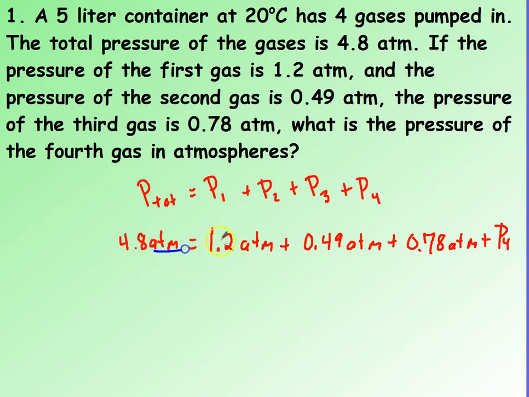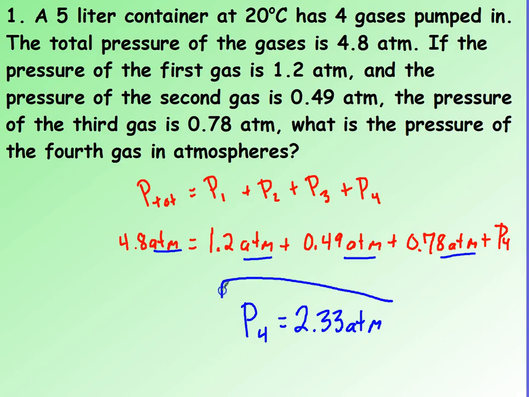Notice that they are all in atm. They have to be the exact same unit in order to use this formula. To solve for the pressure of gas 4, subtract the other three from 4.8. So 4.8 minus 1.2 minus 0.49 minus 0.78, and I got 2.33 atm. And that is the pressure of my fourth gas.